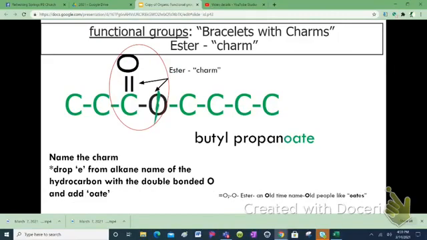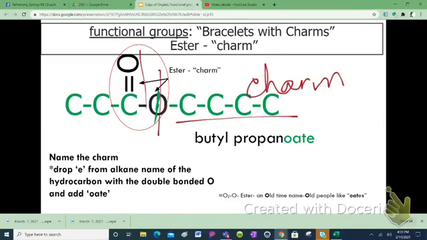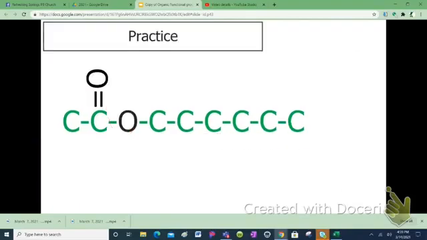Okay, and that's how you do them all. Wherever you see the break of the oxygen, this is the charm. And where you see the double bond oxygen, this is the chain. All right, using that pattern, let's look at some more. Look at this one. The break is here. There's 1, 2, 3, 4, 5, 6.